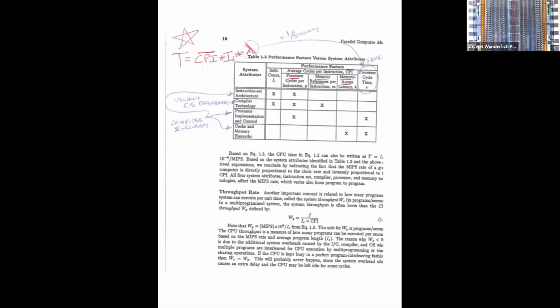Certainly in parallel processing, multiple cores and keeping cache coherency. When you have symmetric multiprocessing, all the cores and processors share one memory. And then you see also compiler technology, and that's typically the computer science programmers, but it wouldn't hurt for all the computer engineers to take compiler design also. And so you can see this nice grid showing the different things. There's a little bit more you can read on here about throughput rate and workloads. We won't get into that right now.